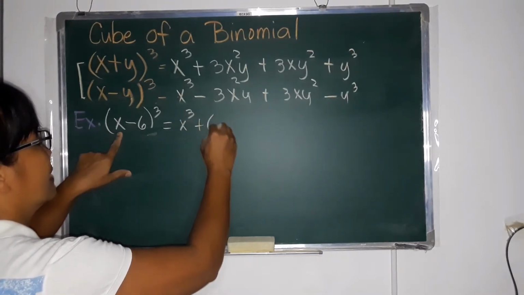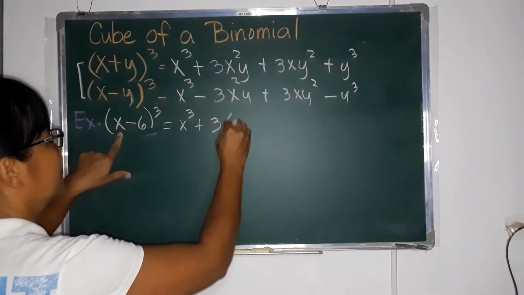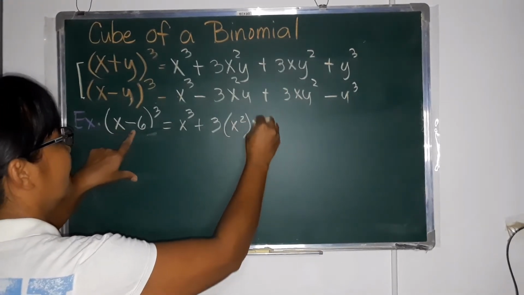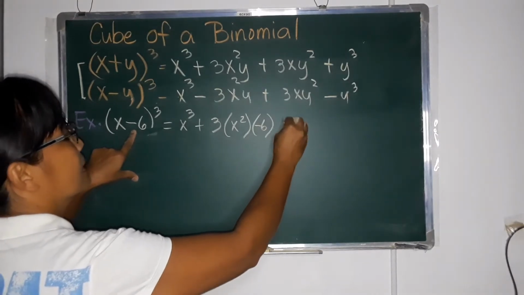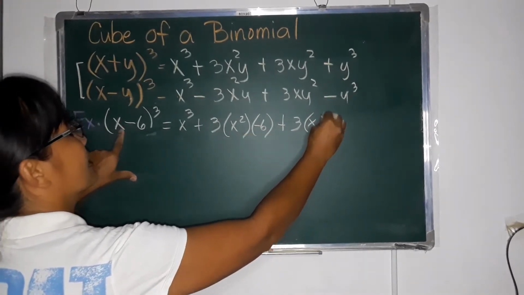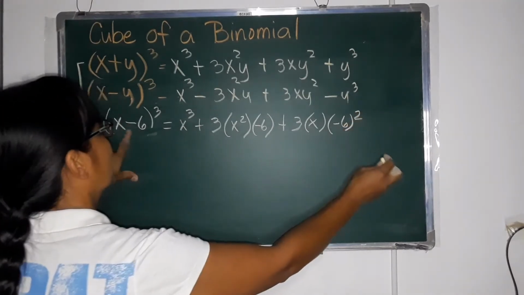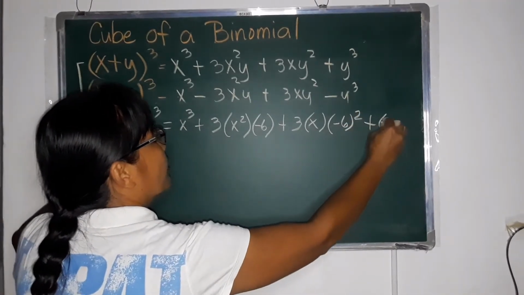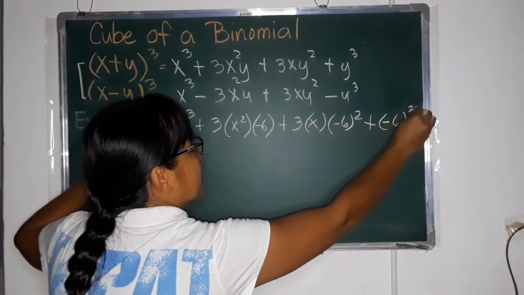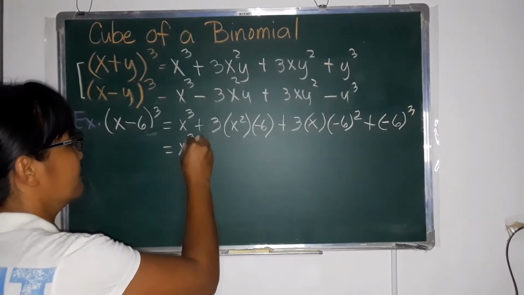Plus, trice the product of the square of the first term times the second term, plus trice the product of the first term, which is x, times the square of the second term, negative 6 squared, plus cube of the second term, which is negative 6 cubed. Okay, then simplify. So we have x cubed.